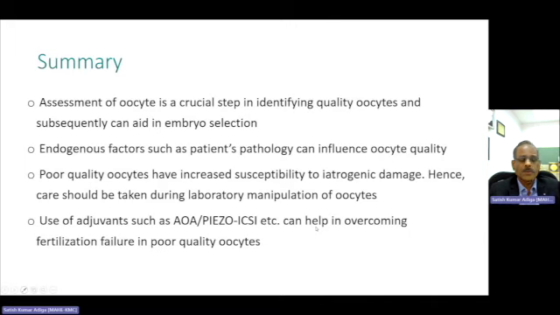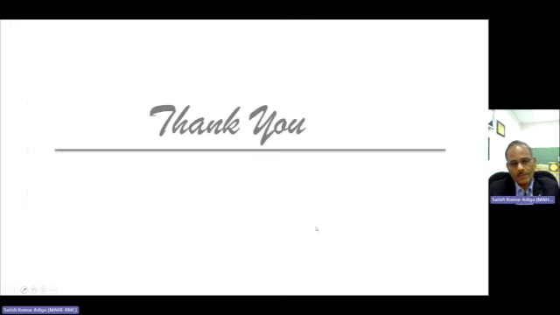Hence, care should be taken during laboratory manipulation of the oocytes. The use of adjuvants such as assisted oocyte activation or piezo can help in overcoming fertilization failure in poor quality oocytes. Thank you very much for your attention.